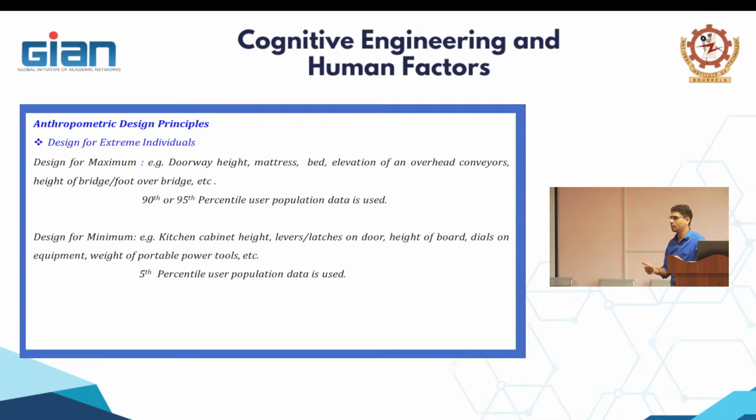So either 90, like doorway height, or the mattress or the bed, or the elevation of the overhead conveyors in industries. At which particular height should it be installed? Let us say that in a machine shop the conveyor belts are there.